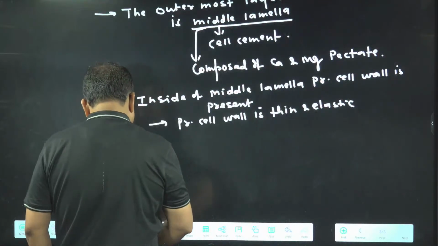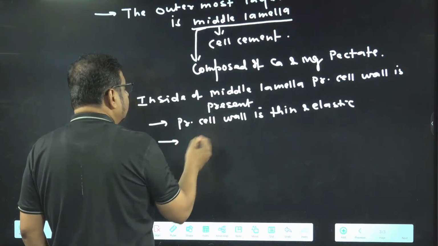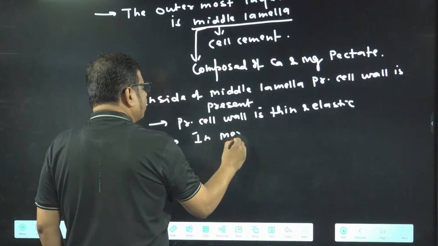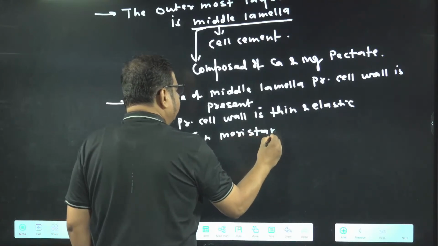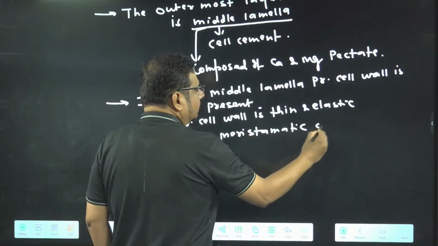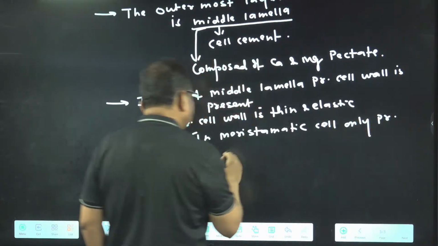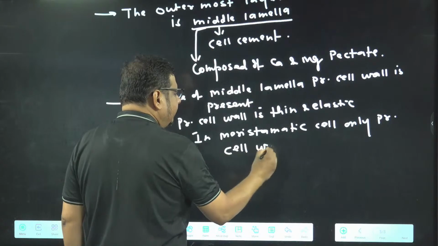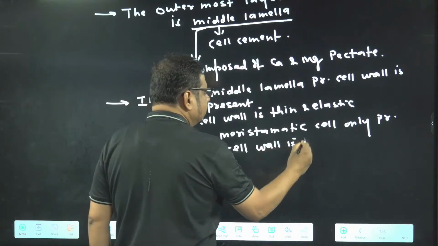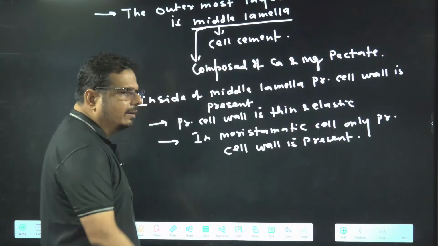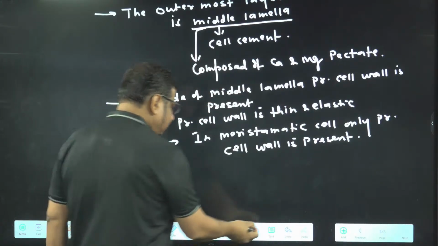And you also keep in your mind, in the meristematic cell, only the primary cell wall is present. In the case of which cell? Meristematic cell. Only the primary cell wall is present.